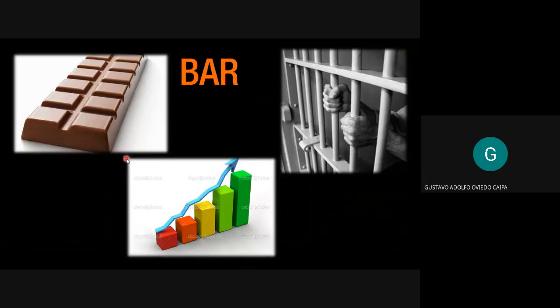All right. Even though these are very different kinds of bars, as you can clearly see, they share some similarities, whether it is a physical similarity or the use or the shape. The three examples are different kinds of bars. So we don't say that these meanings, chocolate bar, chart bar, and cell bar, are different lexemes. We say that they belong to the same lexeme. So these are different senses.